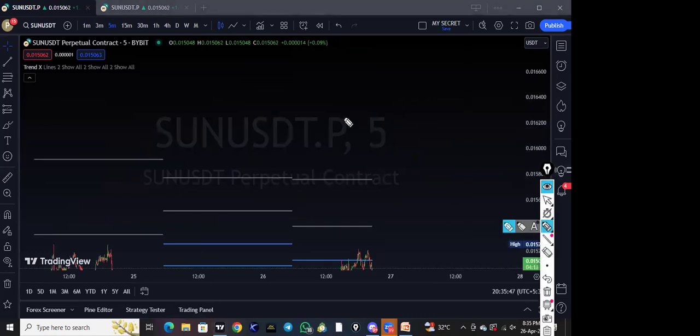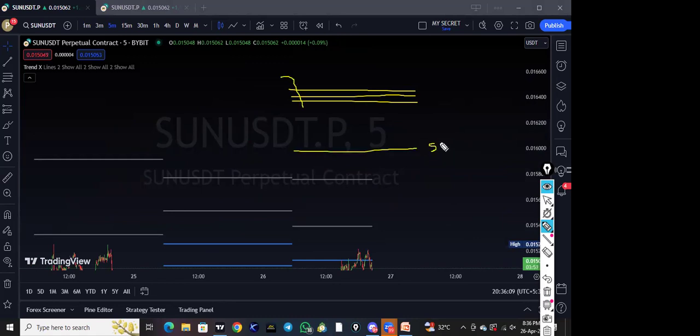So this is the basic idea I'm showing now. Assume that this is Trendex. When the day starts, we are in an uptrend. This is the daily chart. The market is coming down, and here is your S1.